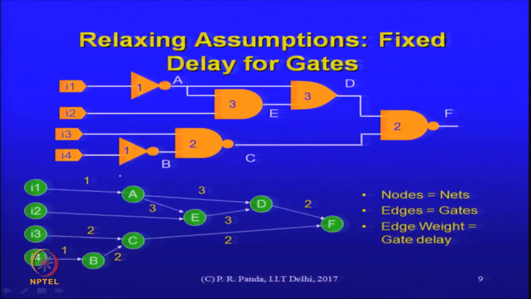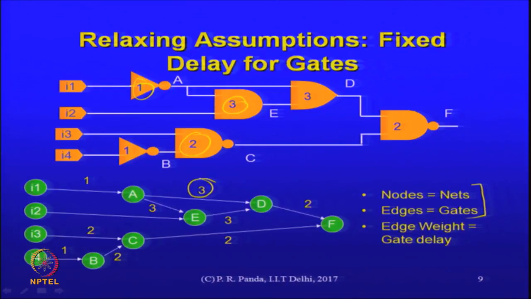We can very easily relax the assumptions that we started off with. Our nets and gates still are our nodes and edges, but the gate delay need not be unit. I can make it whatever I want. Instead of 1, I can say it is 3 and 2 and so on, and I can represent that in my graph here with a corresponding edge weight.